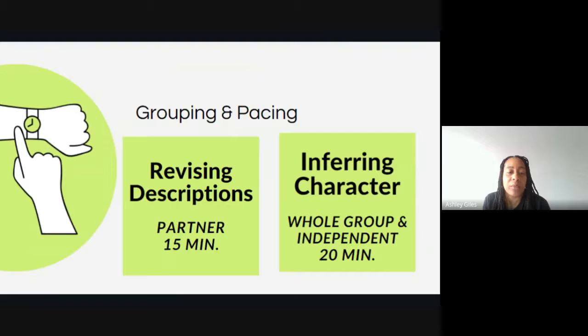For the writing portion, it's divided into 2 sections. We'll start off with the first portion, which is revising descriptions. This is referring back to lesson 1, when students wrote a description and drew descriptions of one of the houses described in the text on The House on Mango Street.